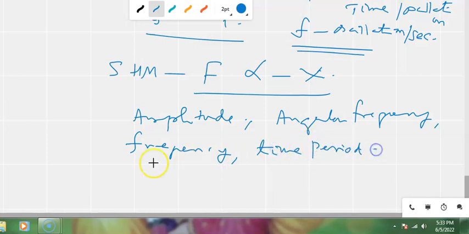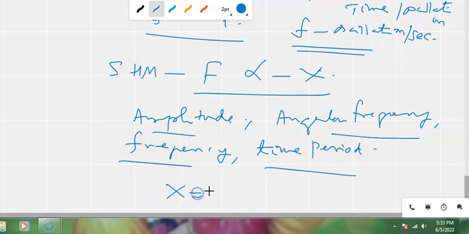These are the basic parameters which describe simple harmonic motion. We can write this as A cos or sin omega t. So omega is the angular frequency, A is the amplitude, and x is the displacement.